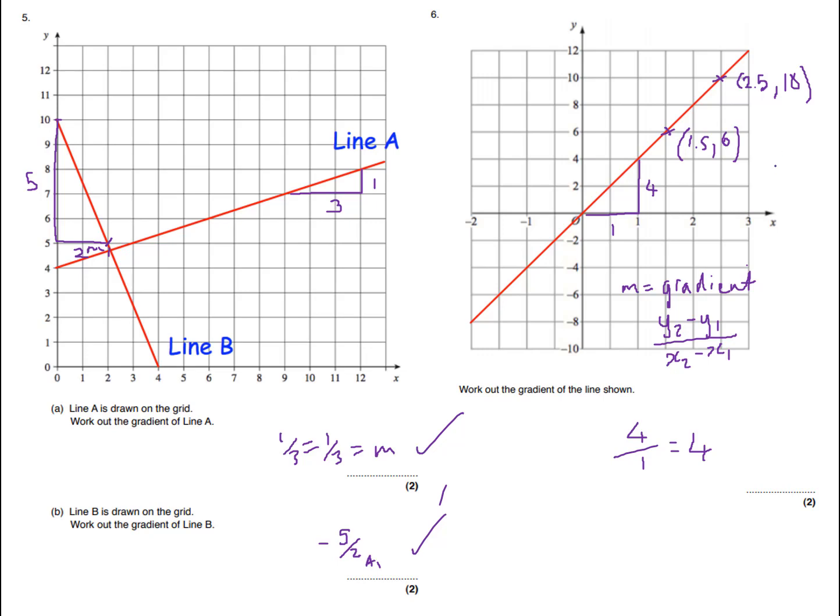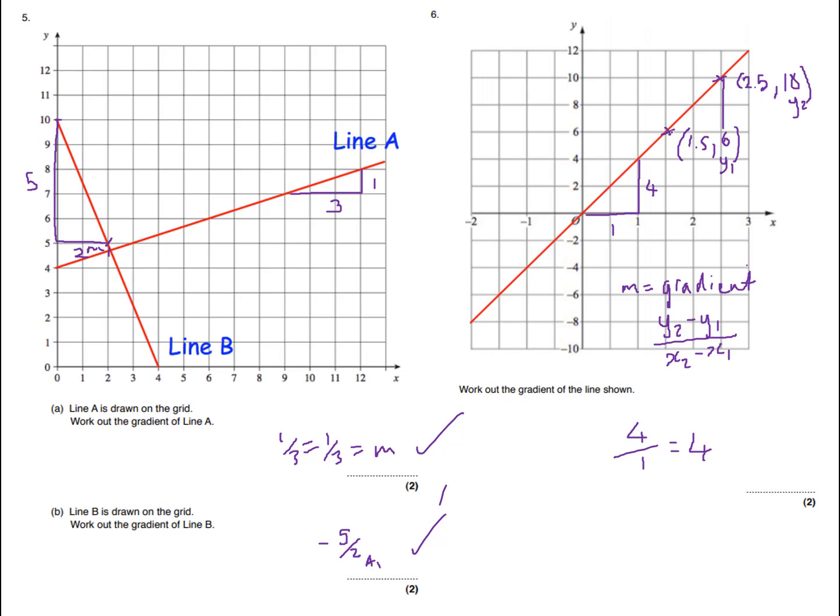And it should make sense, because let's see, if this is 10 and that is 6, can you see from here to here, 10 minus 6 will actually give you the height of the gradient, which gives you that 4. That's the y2, so that's the second y coordinate, that's the first y coordinate. That's where the y2 minus y1 comes from.